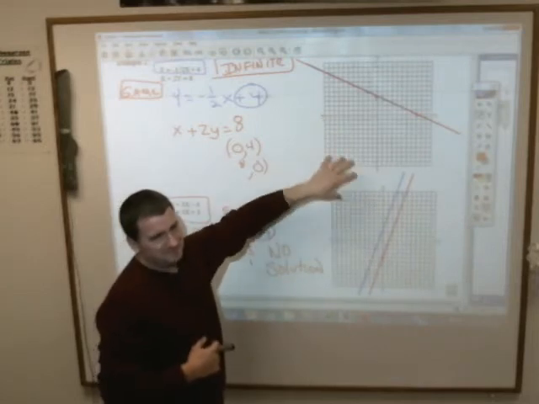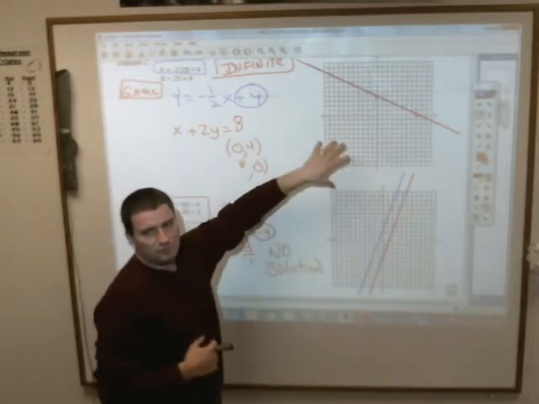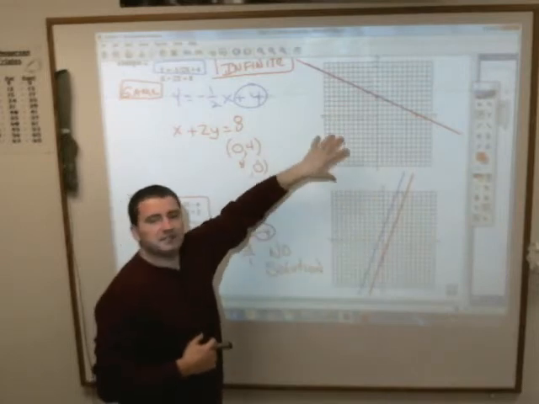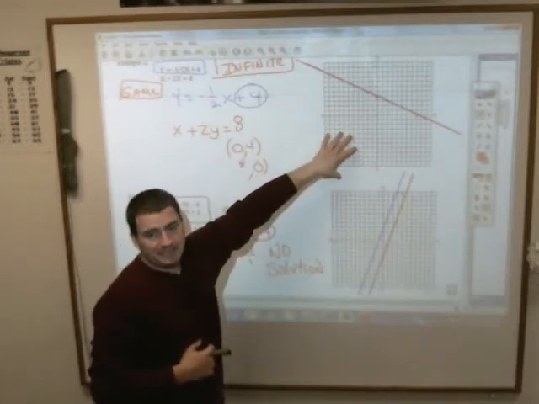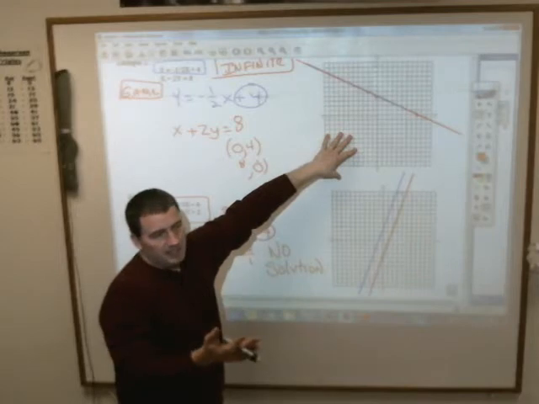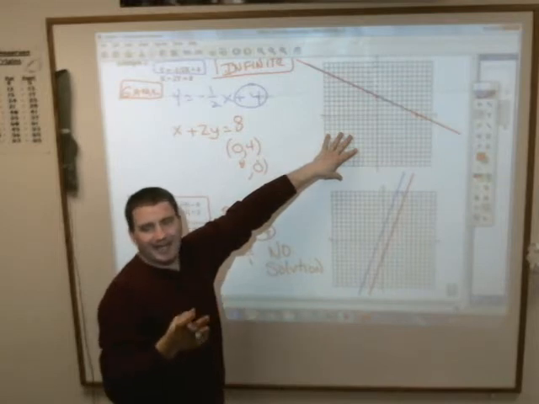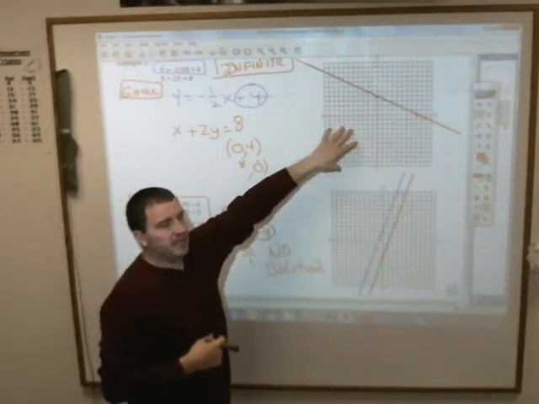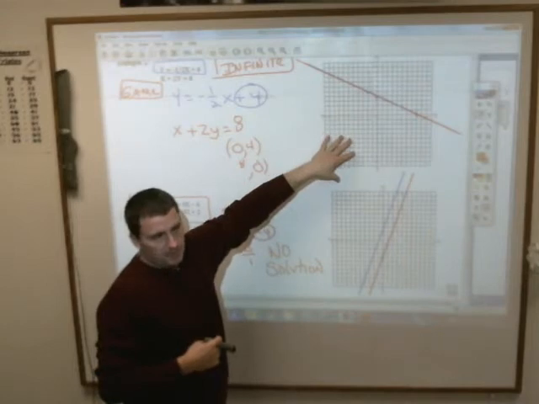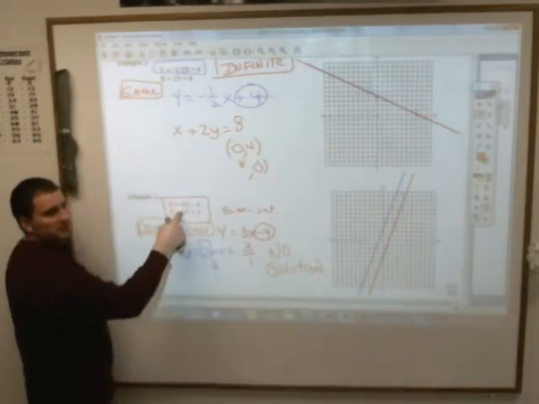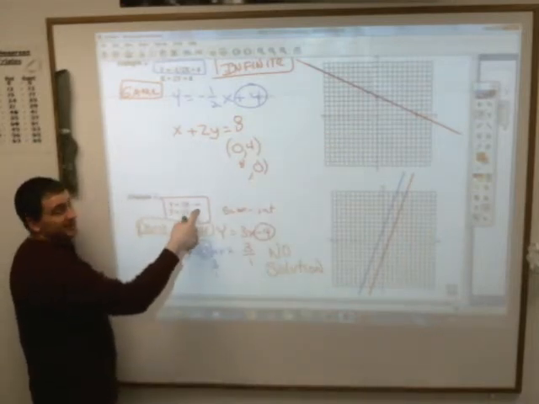What do the lines have in common in these? They go in the same direction. Yes, but not only that, in both cases, these lines have the same slope. The slope in both of these was the same, they just cross the y-axis at different places.